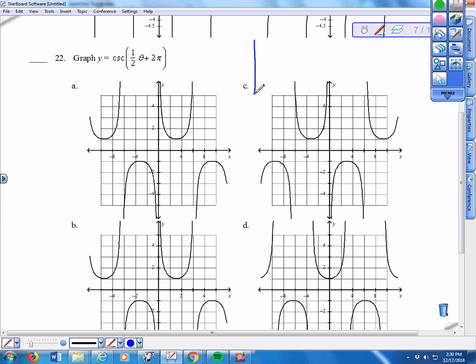So sine: 0, pi over 2, pi, 3 pi over 2, 2 pi, right? But now, my new values, because it's now 4 pi, are just going to be doubled. So it's going to go pi, 2 pi, 3 pi, 4 pi.